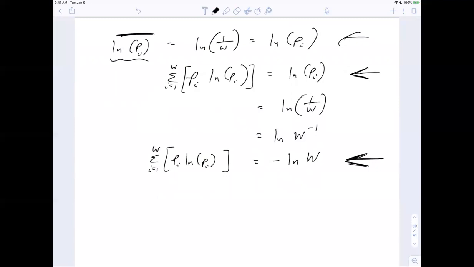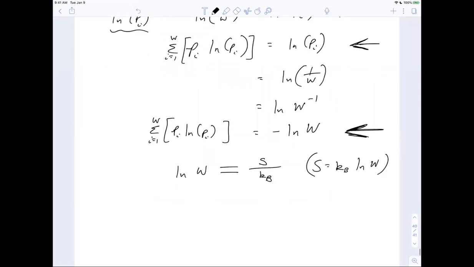But what is natural log of W? Because recall, S is equal to k_B natural log W. So log of W is S over k_B.